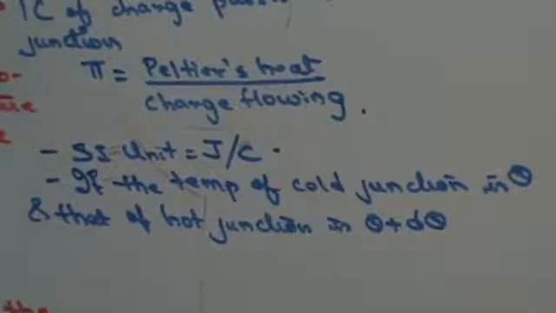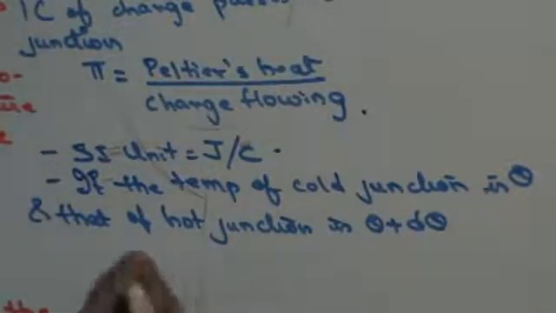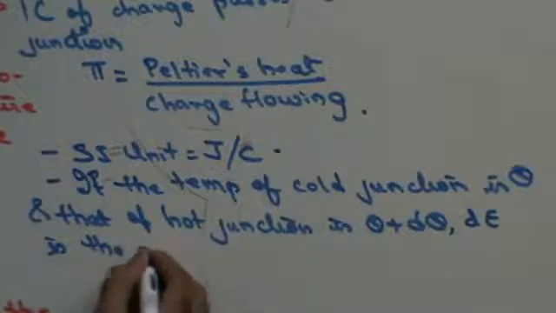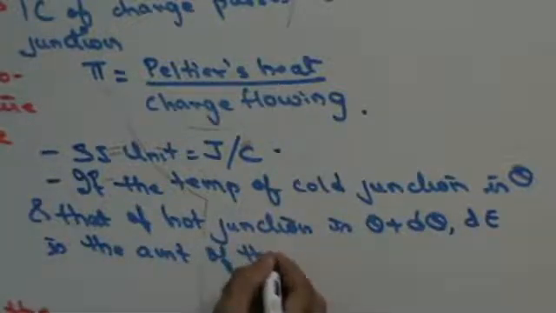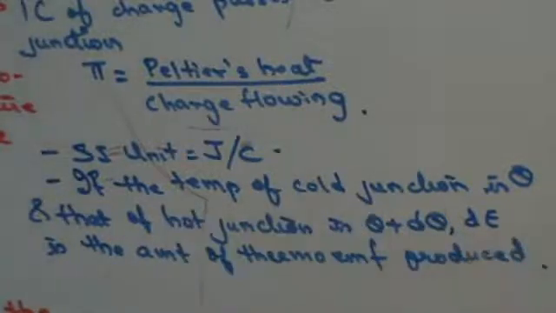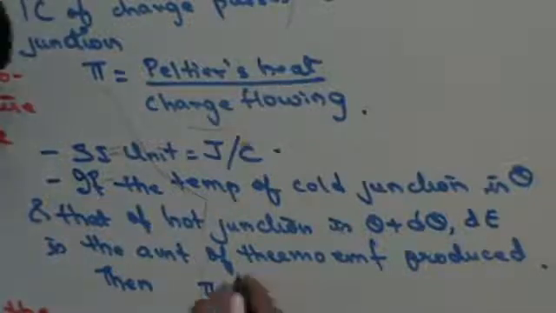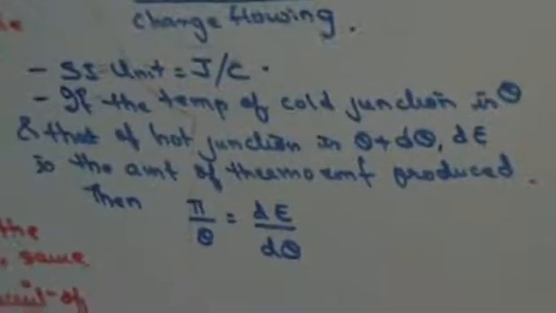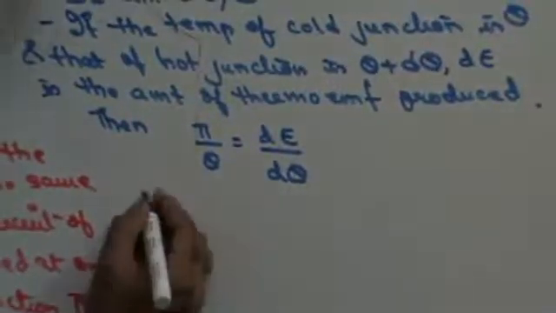Let's also assume that dE is the amount of thermo EMF produced. If dE is the amount of thermo EMF produced, then it is found that I can say phi upon theta is nothing but dE upon d theta, where dE by d theta represents the thermoelectric power or the Seebeck coefficient.